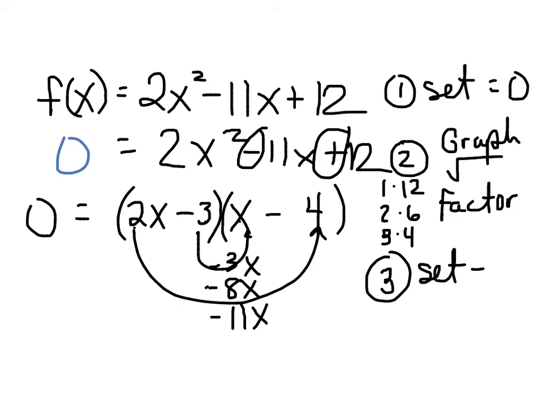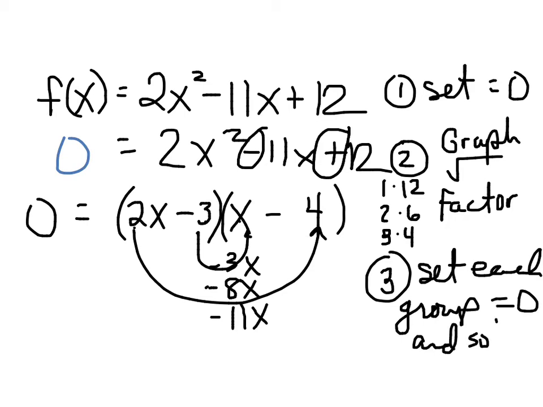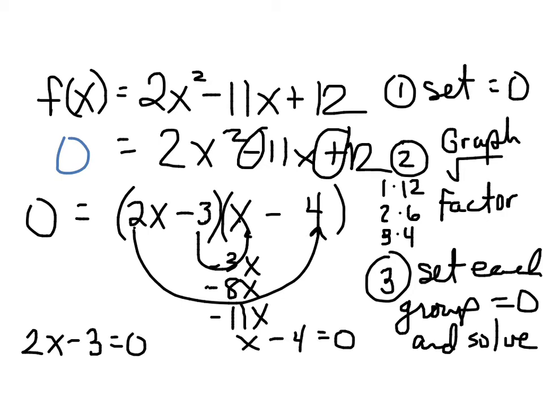Set each group equal to 0 and solve. Sound familiar? So 2x minus 3 equals 0, x minus 4 equals 0. How do I solve the first group? Add 3. Add 3, then what?